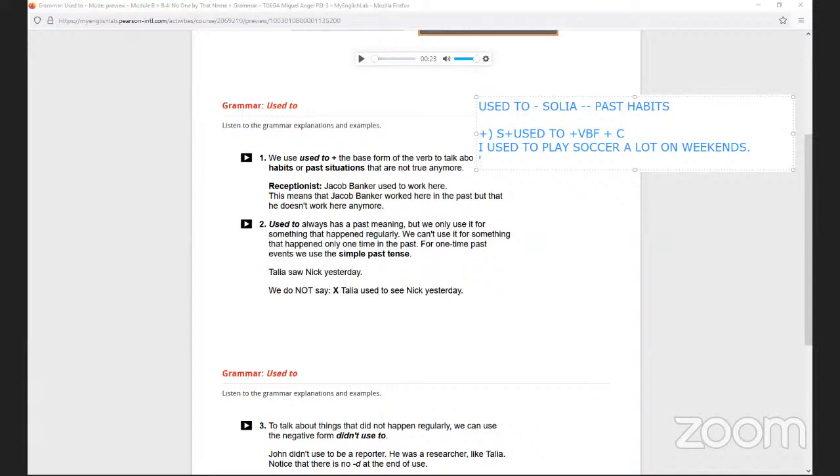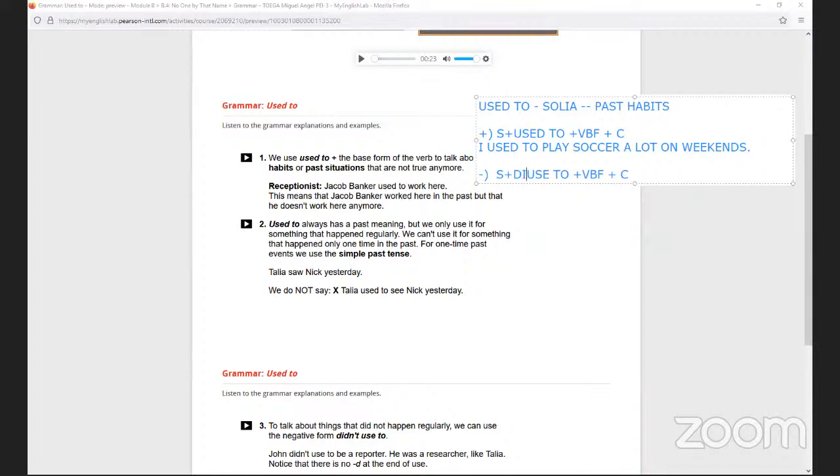When we talk in negative, it is kind of the same, but what is the difference? In negative, we are not going to use used, only use, and we need some help for making this action in the past.